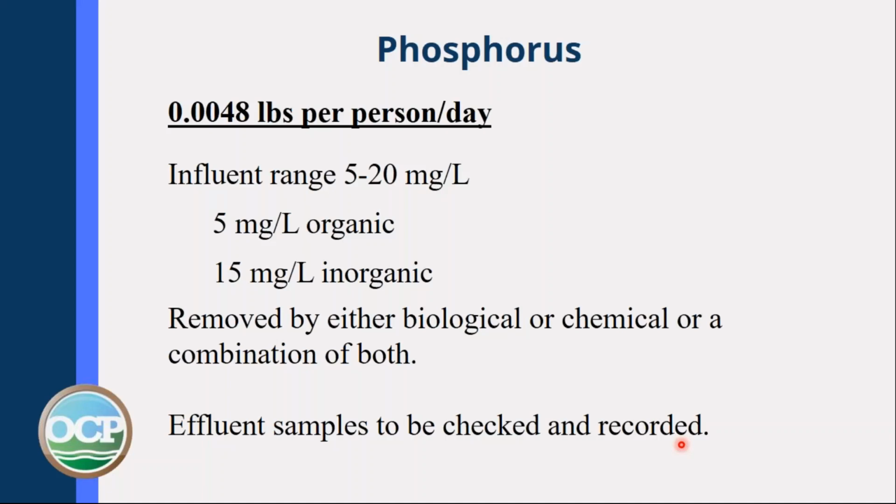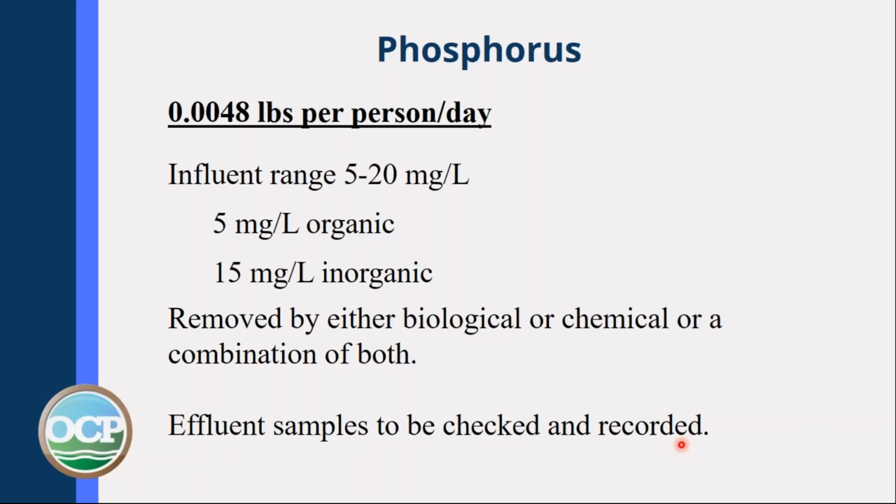Phosphorus is found in lots of organic material, but there is a lot of inorganic phosphorus because of the use of fertilizers, and or it's less now, but there used to be phosphorus in detergents and dishwasher liquids. I think they've taken a lot of those out.